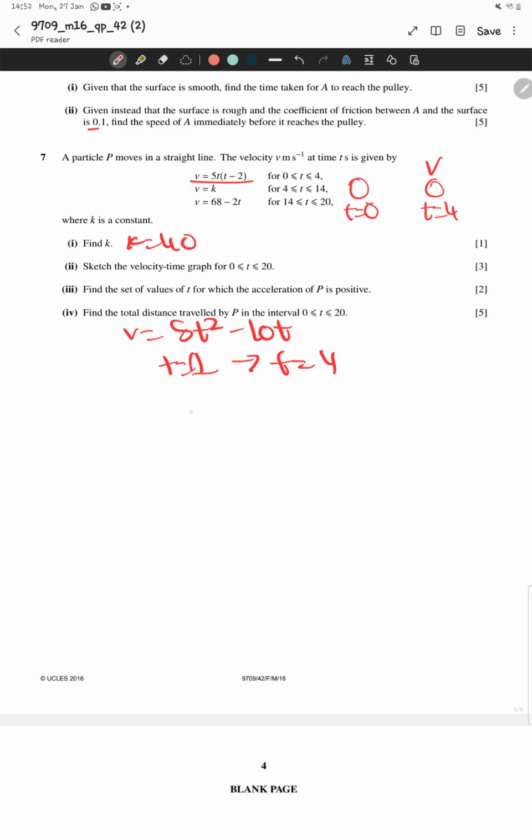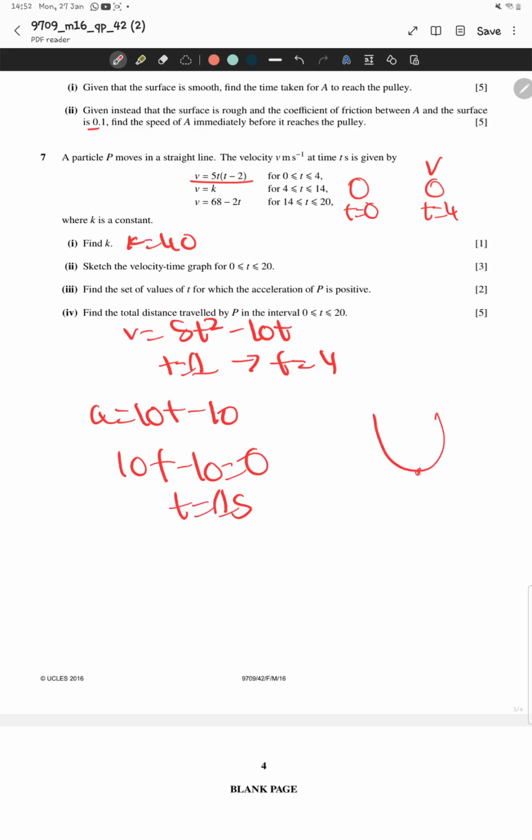There's also another way to find this. You can just differentiate this, and you get 10t minus 10. And then put this equal to 0 to find the stationary point. So t will just be 1 second. So you know that the stationary point is this, right?